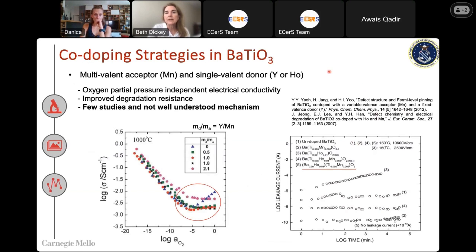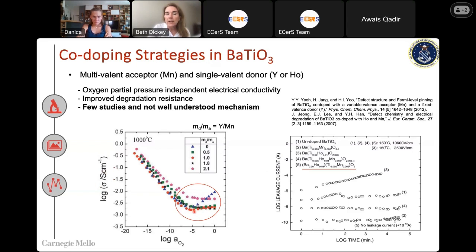There's been some really nice work going on in the community. This is out of the U group and Han group, looking at acceptor donor doping of these materials, where you intentionally put acceptors and donors to help mutually compensate. And if you put in multivalent acceptors like magnesium, which can have different charge states, it can lead to very low conductivity here.